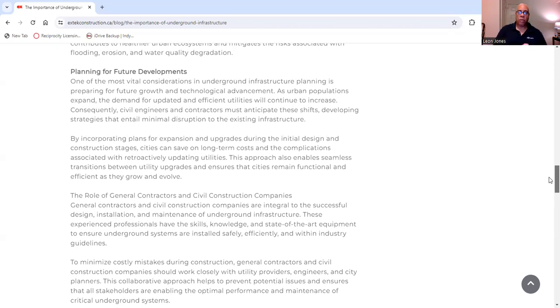So, by incorporating plans for expansion and upgrades during the initial design and construction stages, cities can save on long-term costs and the complications associated with retroactively updating utilities. So you don't want to keep updating utilities when you just put in a new system because it's going to cost more money.